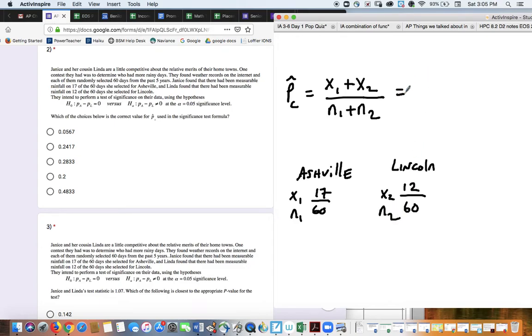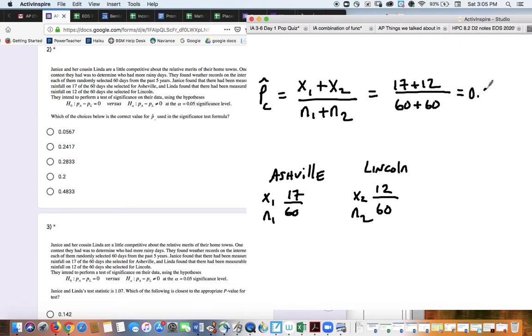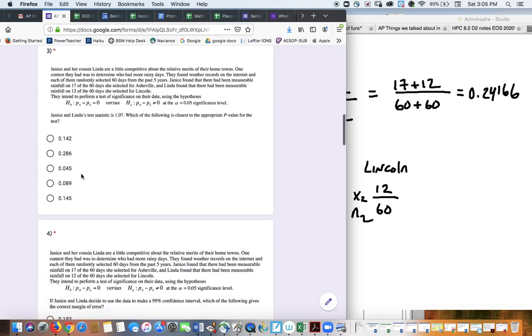So then to get my p hat combined, I would do 17 plus 12 on top, and on the bottom 60 plus 60. Type that in your calculator, and you're going to get 0.24166. So going over here, it looks like 0.2417. That would be the correct answer.